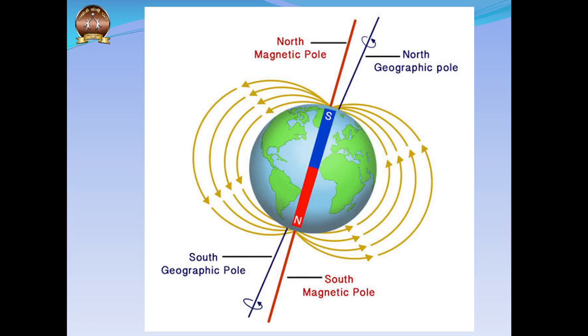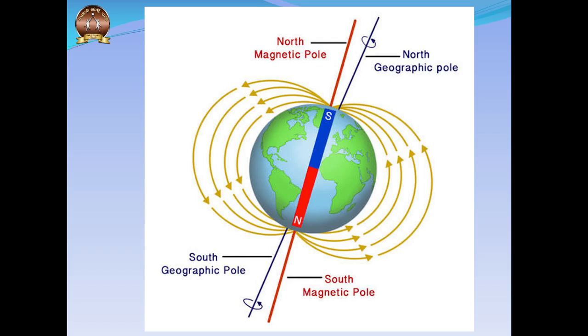And what happens is that this inner core is actually spinning, or it is moving round and round, deep inside the earth. And this causes the formation of the magnetic poles of the earth. So the earth itself acts as a huge bar magnet, which has a north pole as well as a south pole, and this is how it would look.